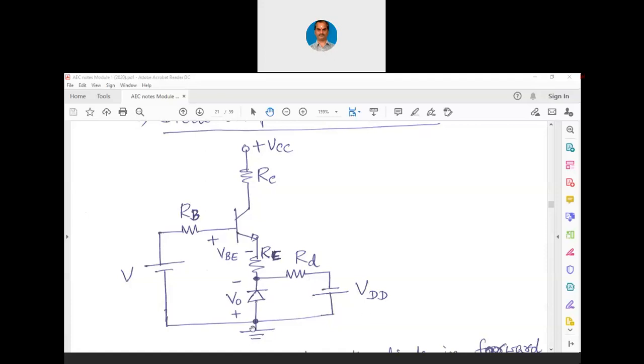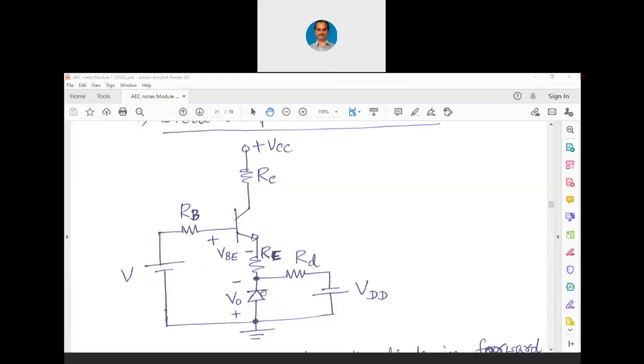Now this diode is purposefully kept in this direction. The diode is kept in the reverse direction when compared to VBE. You have to visualize one diode from base to emitter, that itself is VBE. Now there is another diode which is in the reverse direction, that is this V0.